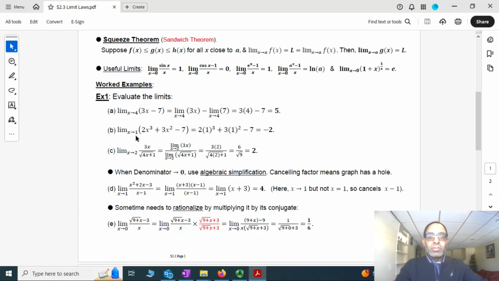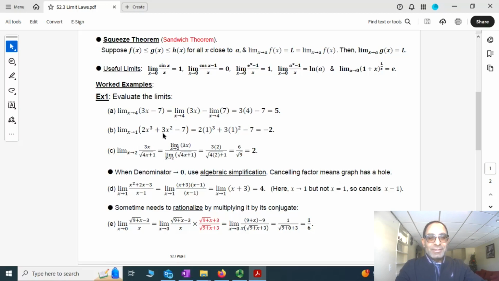So these limit laws we can apply to any number of sum or difference of functions. So then the next step is limit of 2x cubed as x approaches 1 plus limit of 3x squared as x approaches 1 minus limit of 7 as x approaches 1.